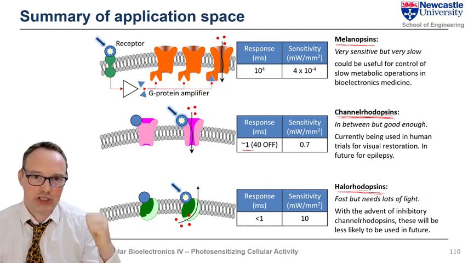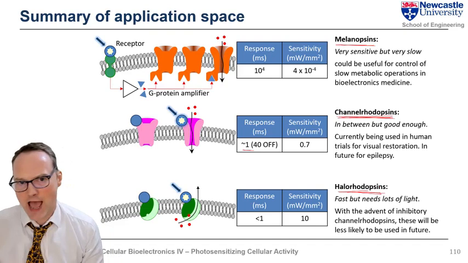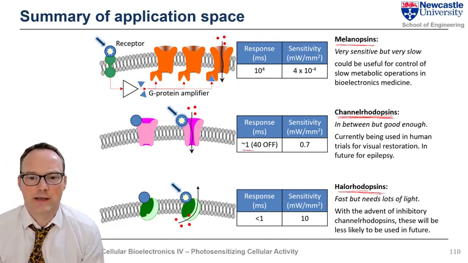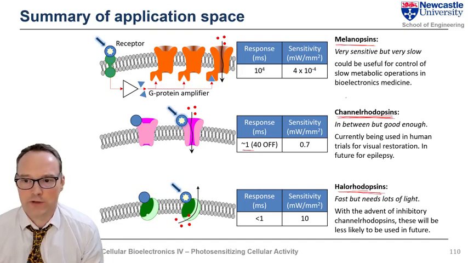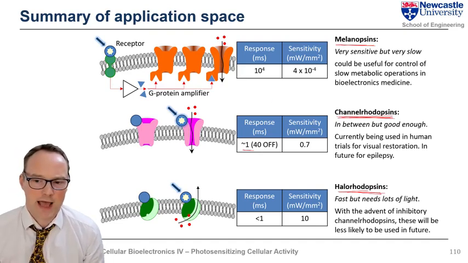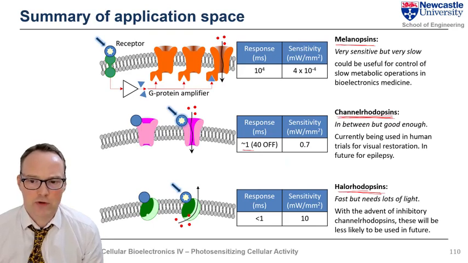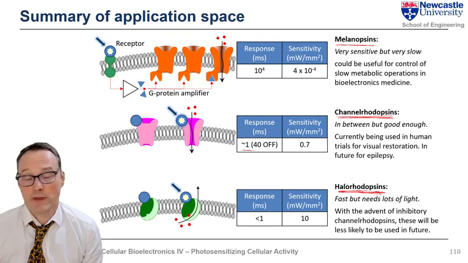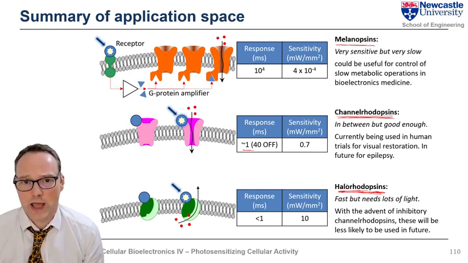You could have a channelrhodopsin which will excite and a halorhodopsin which will inhibit. But more recently, we've had the advent of channelrhodopsins which are also inhibitory. As such, halorhodopsins will probably not be used very much in the future. They're very fast, but they simply need far too much light to be activated.